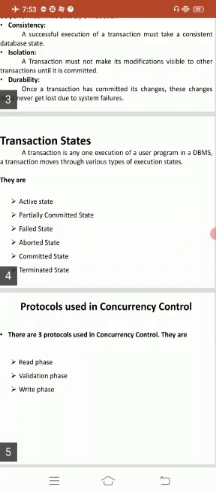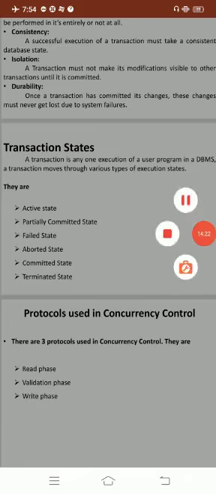Then we can use commit operations. Once committed, we end the transaction, and the whole transaction terminates. This diagram shows how transactions terminate with the help of transaction states.